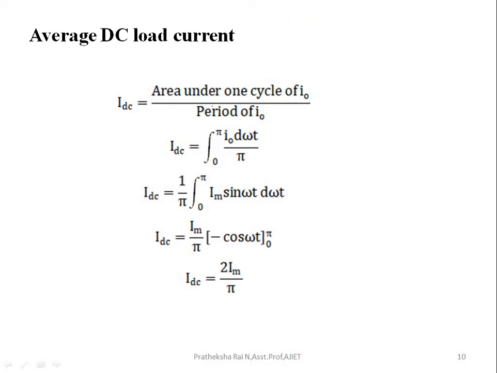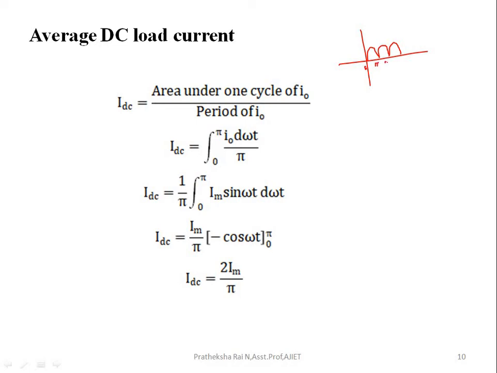To find that, we use this formula: area under one cycle of I0 divided by the period of I0. If you see the output waveform, it repeats from 0 to pi, pi to 2 pi, 2 pi to 3 pi.